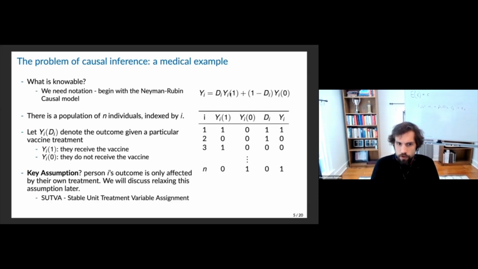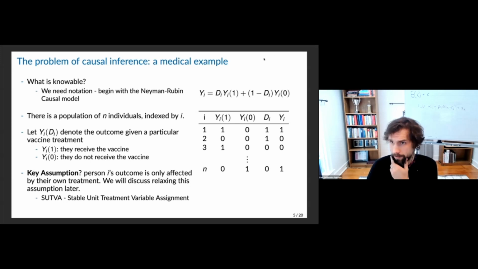The key assumption here, for now, is that we're going to assume that Brett's outcome, sorry Brett, you're now the running example in this, is only affected by his own treatment. This is one of two pieces of what's called the stable unit treatment value assumption, SUTVA.